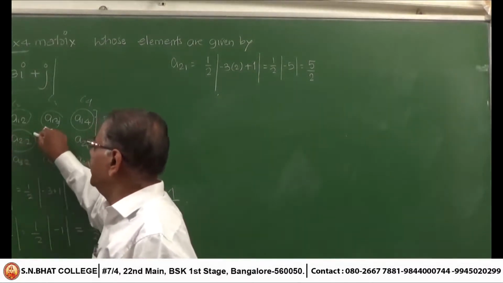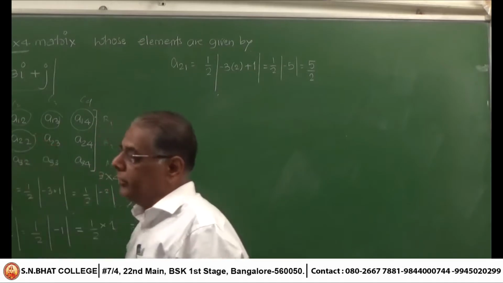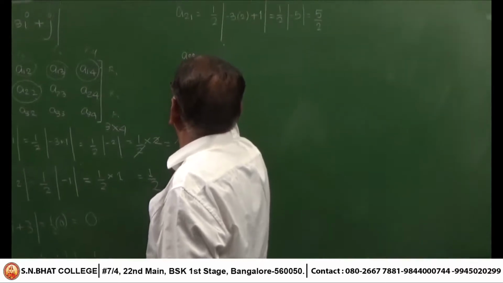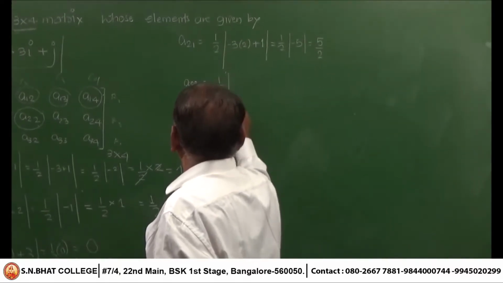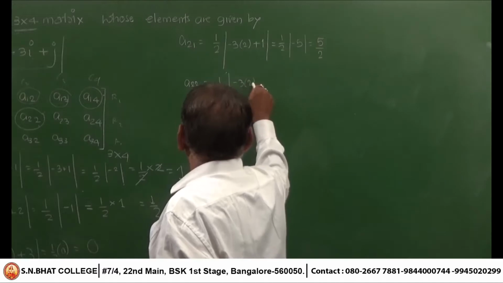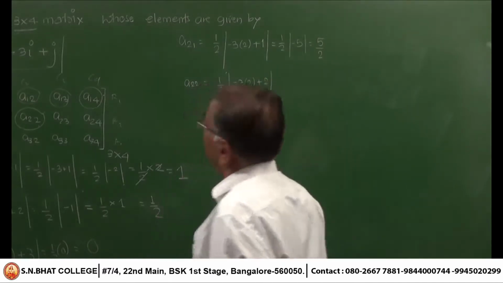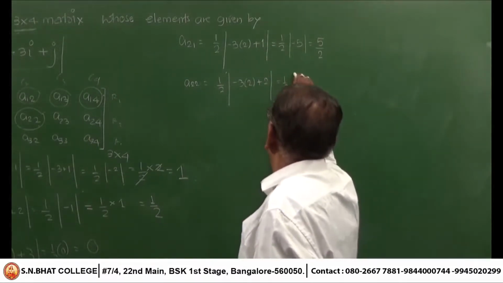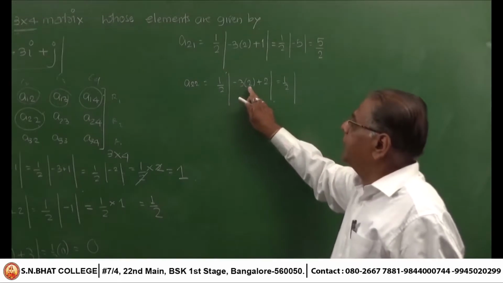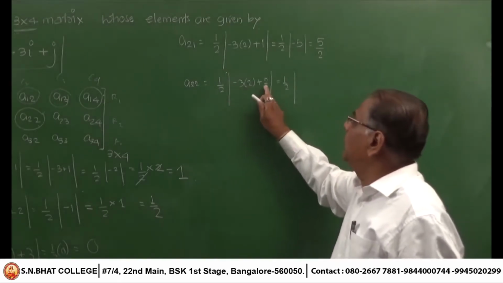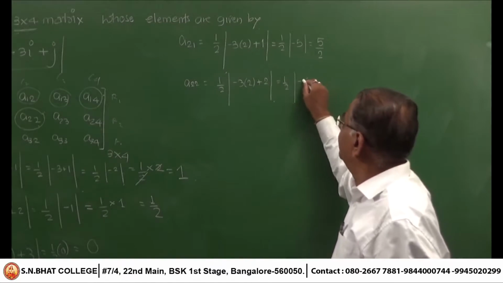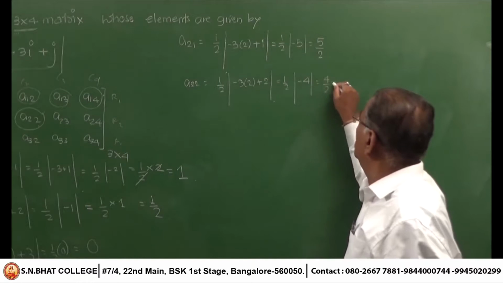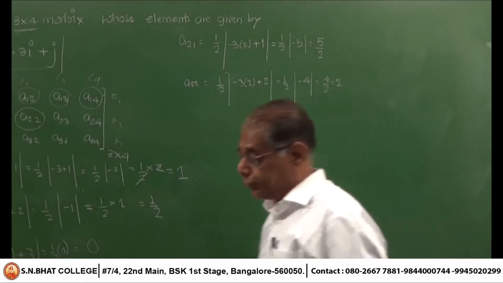Next you have to calculate A22. Replace i by 2, j by 2. Half into modulus of minus 3 into 2 plus 2. Minus 6 plus 2 is minus 4. Modulus of minus 4 is plus 4 by 2, and 4 by 2 is 2.